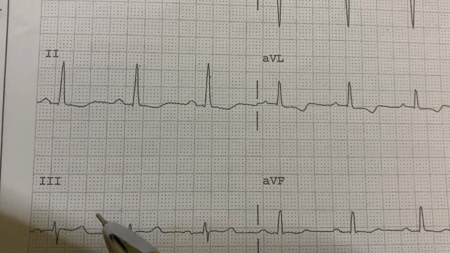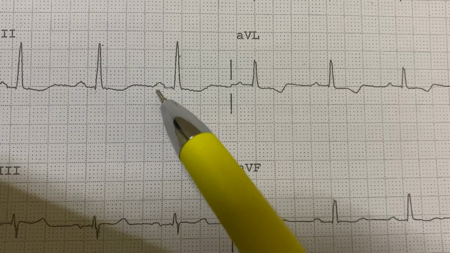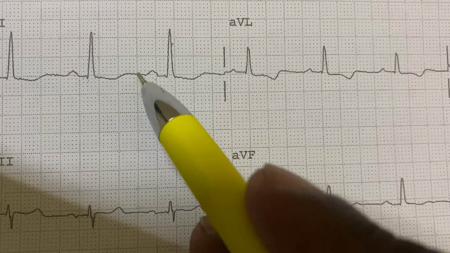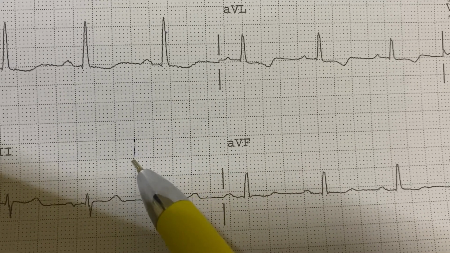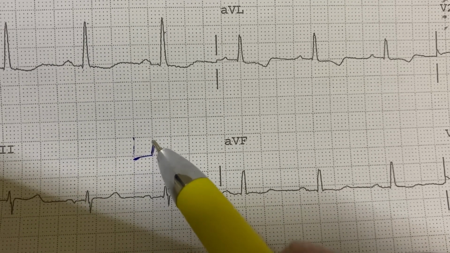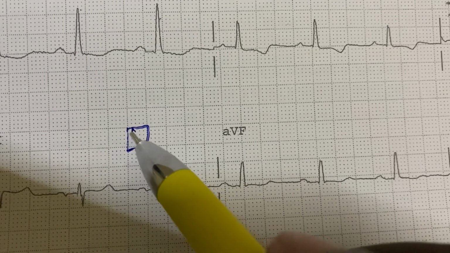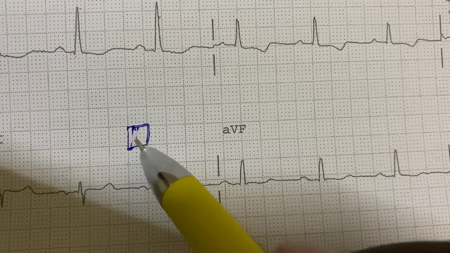If we zoom in on lead 2, this is what we are going to see. This is a large big box, and the dotted lines inside demarcate the 5 boxes I drew.